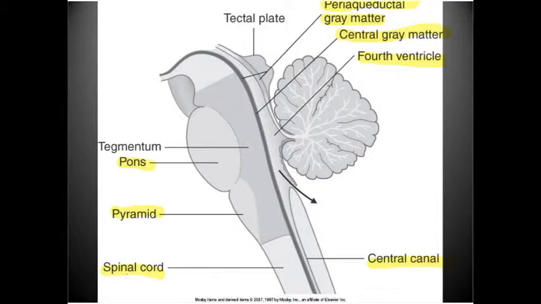So here we see basically the pons and the pyramid of the medulla oblongata.